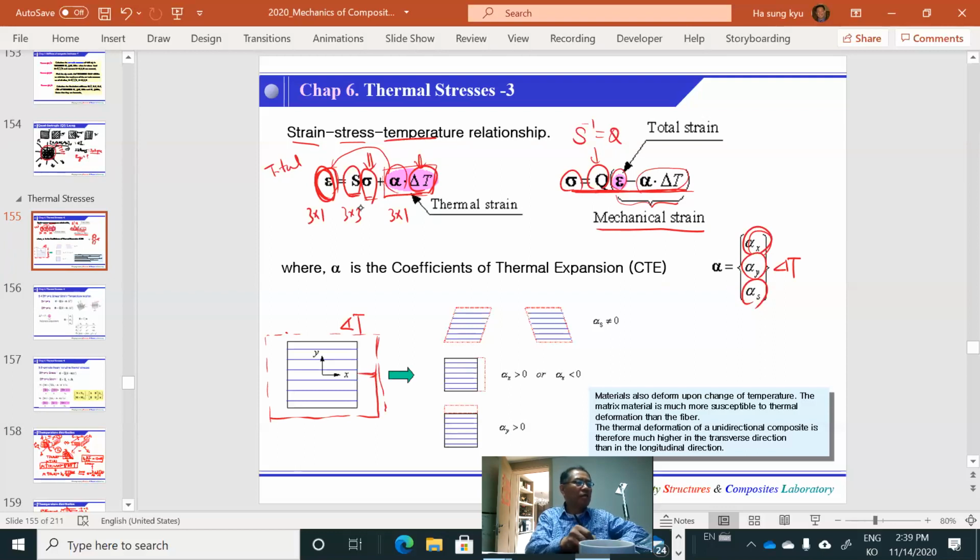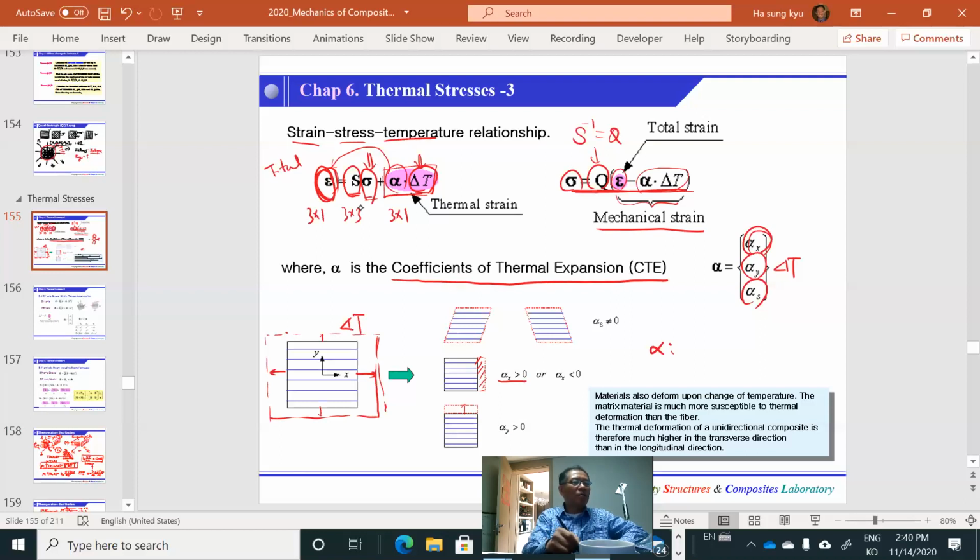Now, this is the amount in the x direction, the x directional amount. And also we have a y directional strain, that is this much. So alpha x is the x directional, and alpha is called the coefficient of thermal expansion, so CTE.